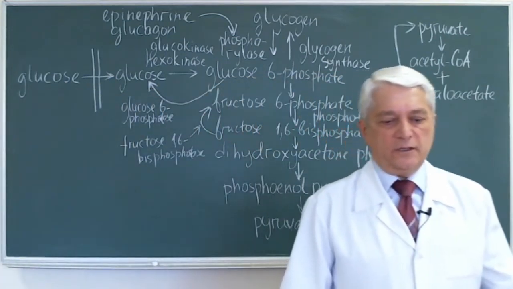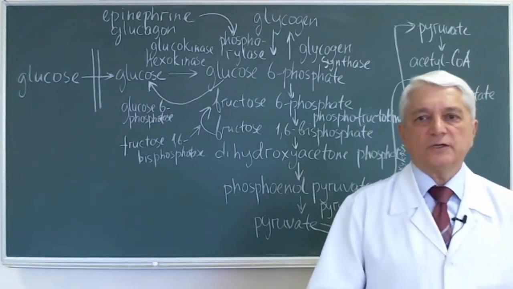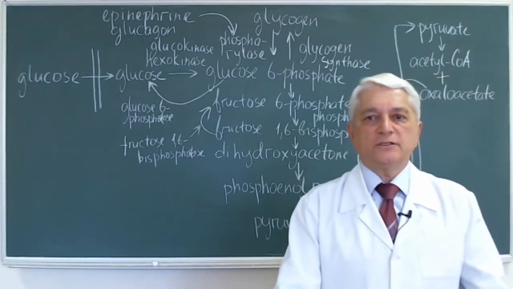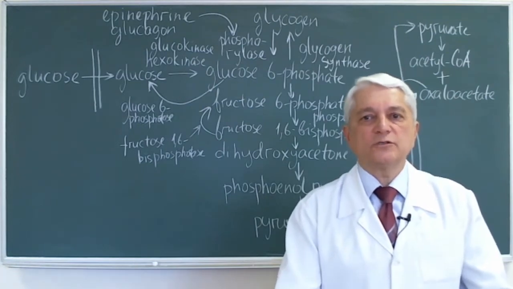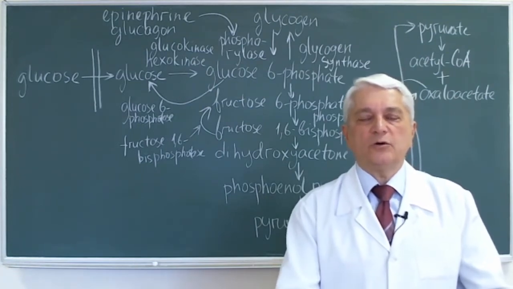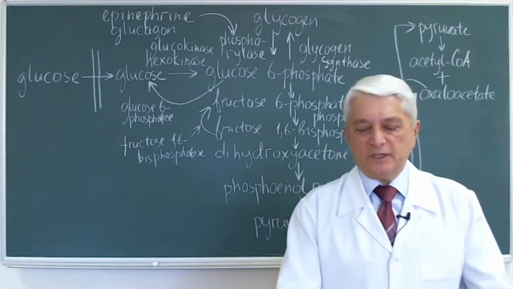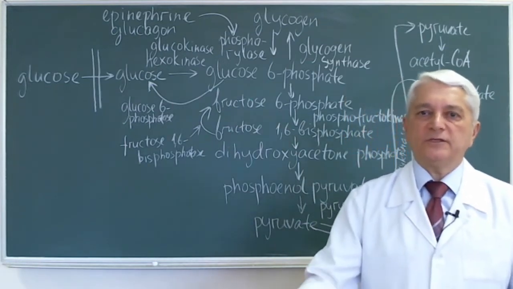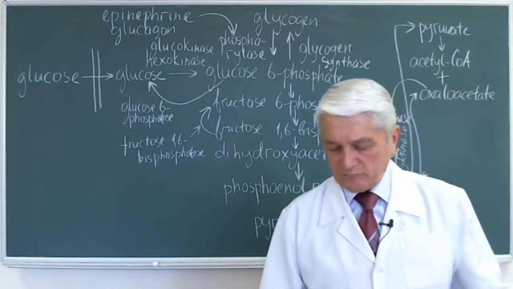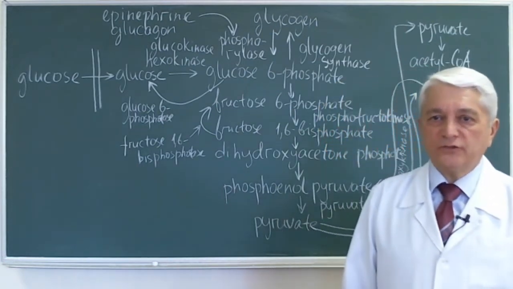This is information that I remind you, and this is connected with gluconeogenesis. This process we will need during our lecture today many times, so I think that it is important that I repeat this few times. Then let's go to citric acid cycle.